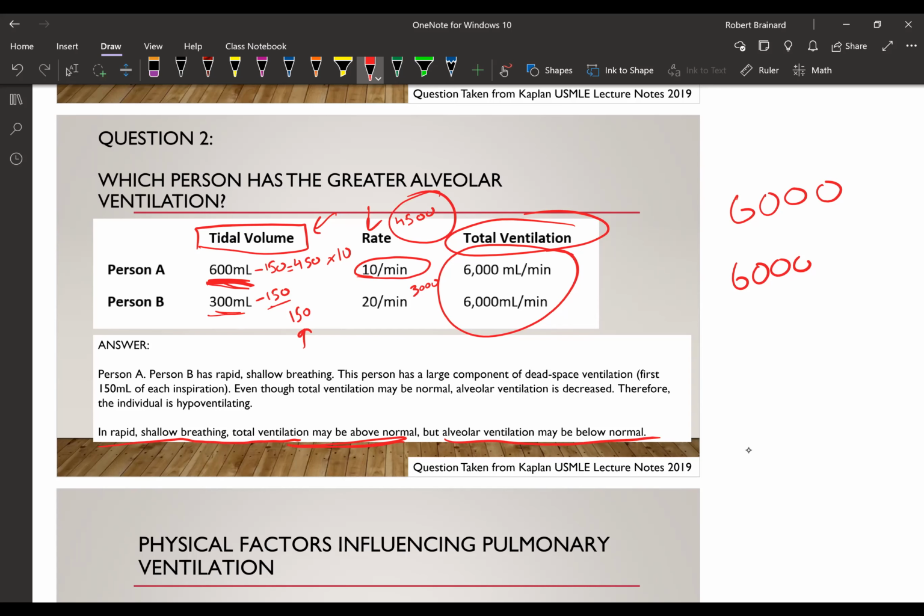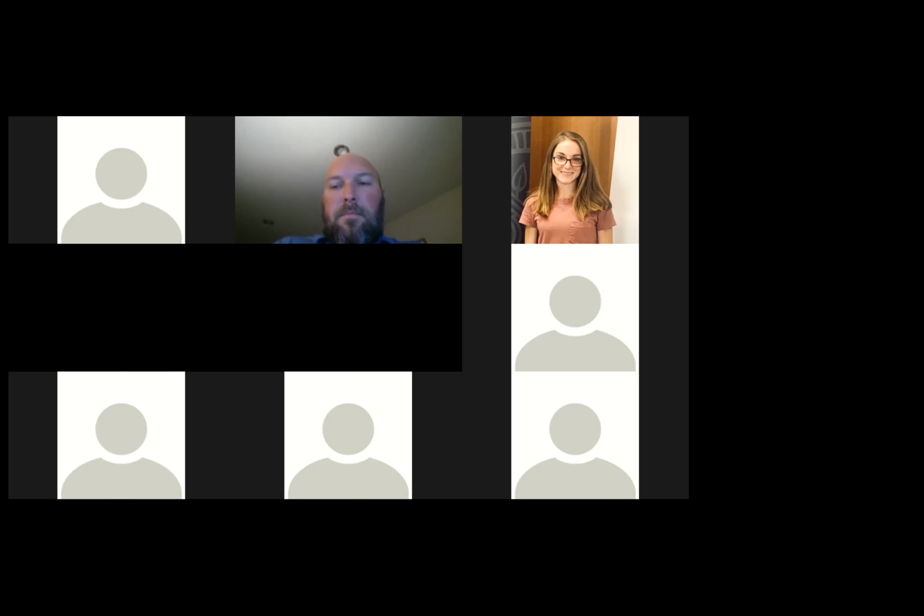Whereas person B's tidal volume is shallower, at 300. Dead space is still 150. So you subtract dead space, and even though it's double the amount of breaths, they are still underventilated in their alveoli, so they're probably going to be hypoxic. Okay, great question. Thank you.